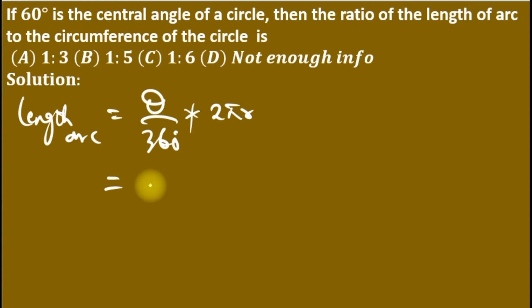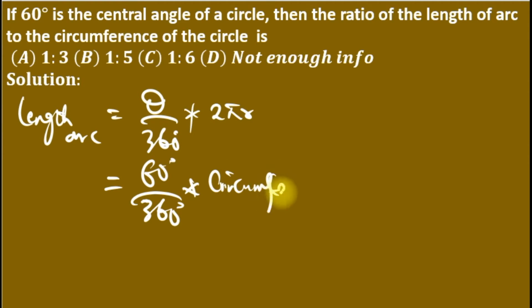And we can say that theta, the central angle, is 60 degrees over 360 degrees times 2 pi r, which is the circumference of a circle. So this is the length of arc.